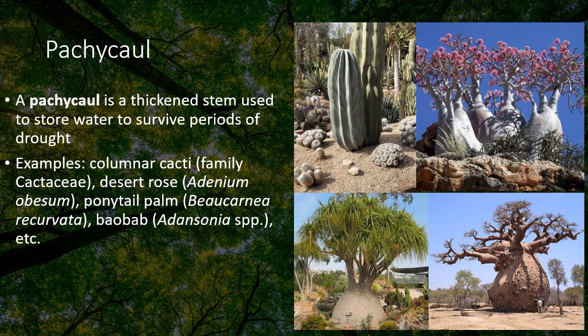You can imagine that storing a bunch of water in a desert, you're stockpiling a resource that everyone wants. You have to be able to defend it, or you're not going to be able to hold on to it. That's the case with the baobab. Elephants just tear their trunks up like no business, because they don't have any defense mechanism. So, something to consider. But certainly pachycauls are really interesting, and a lot of people find them fascinating and collect plants to have them.